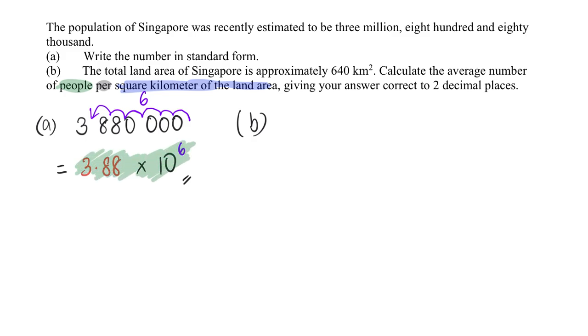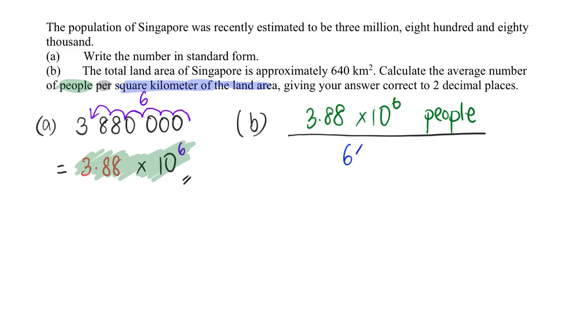People is here. 3.88 times 10 to the power of 6 people. Per means divide. Land area, they give us at 640 kilometer square. So the question itself already tells us the working. Alright?